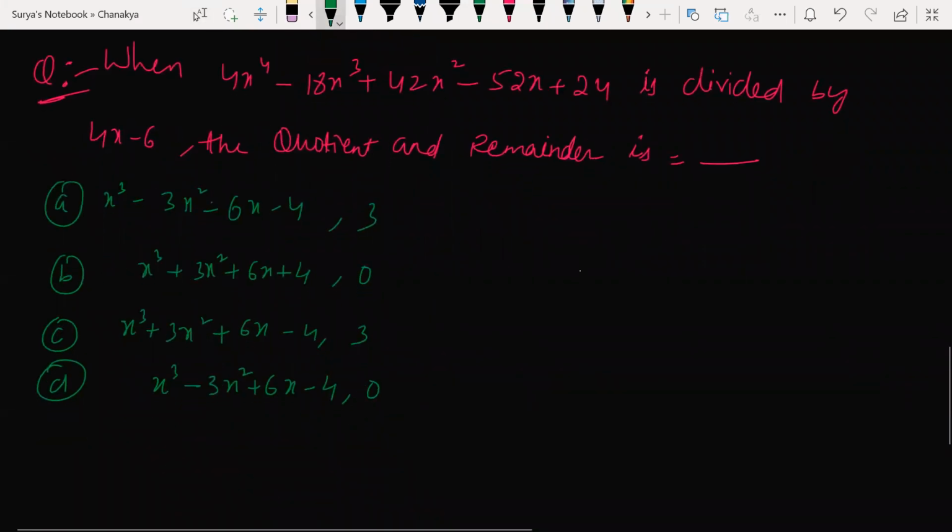Yes, guys, look at this here. This is the polynomial given to you. If this polynomial is divided by this one, then what is your quotient and the remainder going to be?